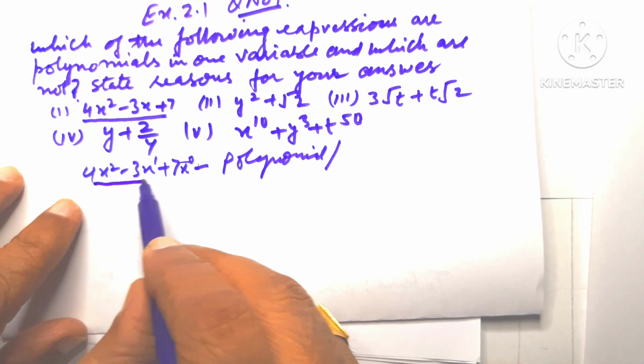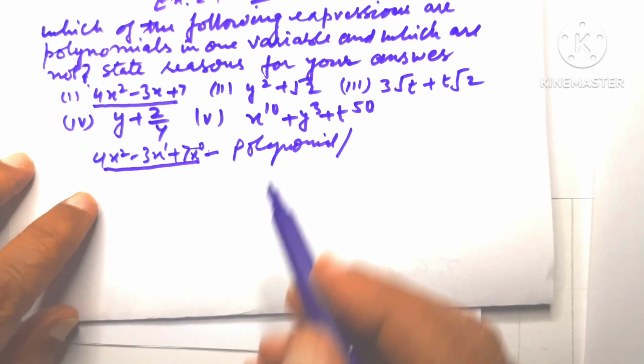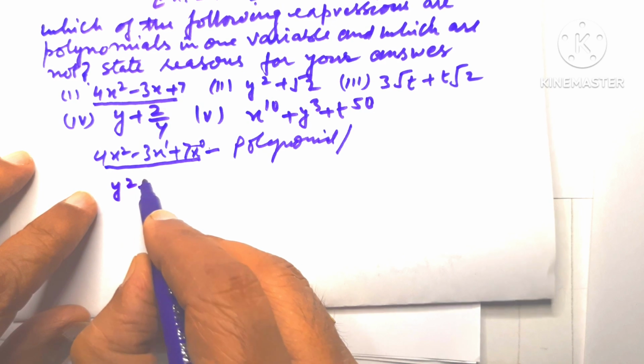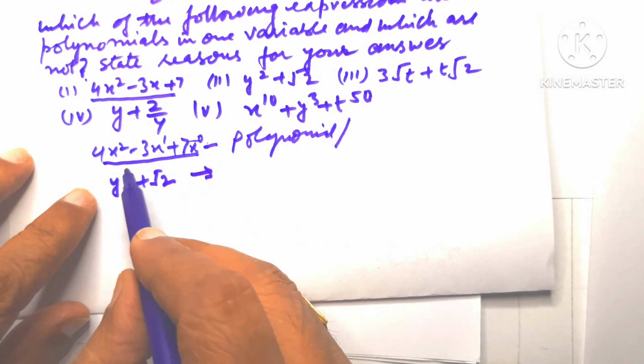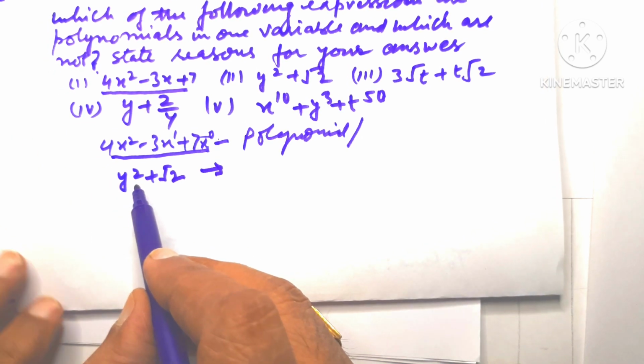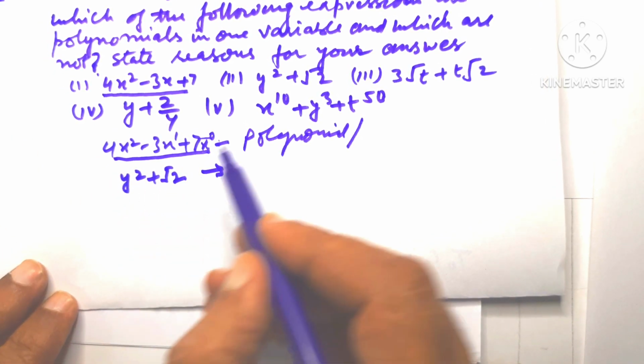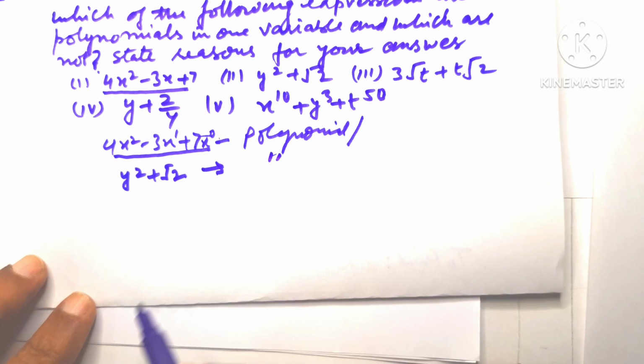So therefore this is a polynomial. Second is y square plus under root 2. This is also a polynomial because the power of the variable in this case is 2, which is a whole number. So it is a polynomial.